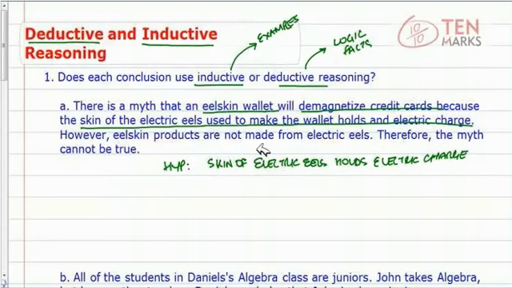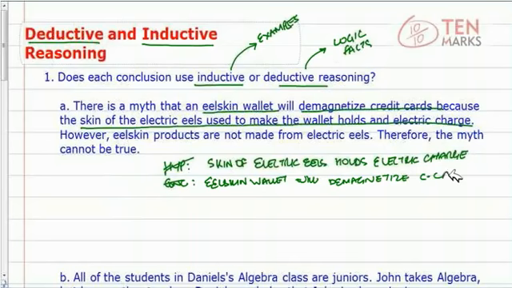And the second part of the statement says that the eelskin wallet will demagnetize credit cards, right? This is the hypothesis and this is the myth.